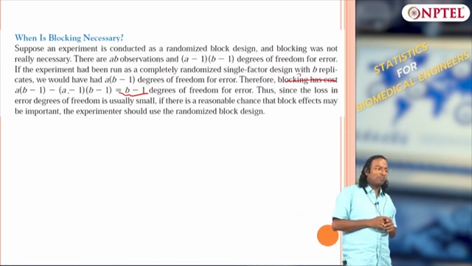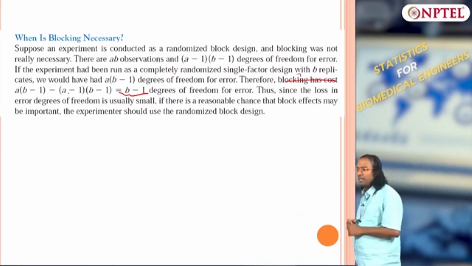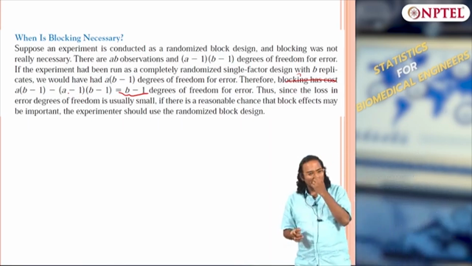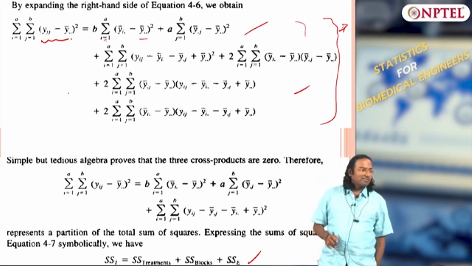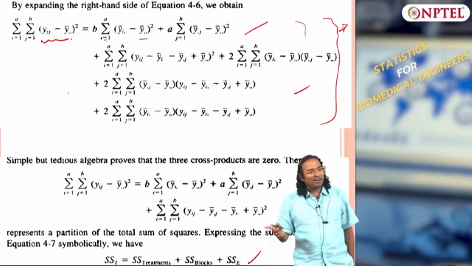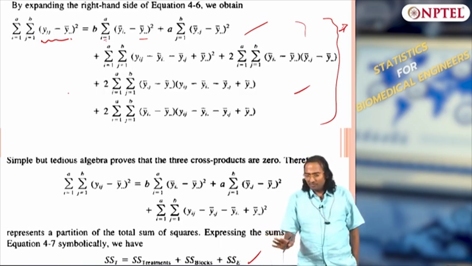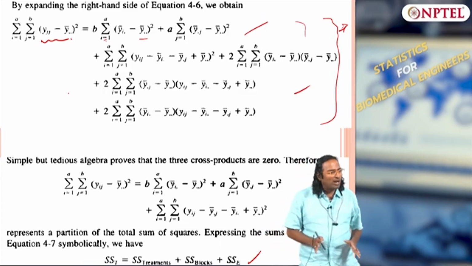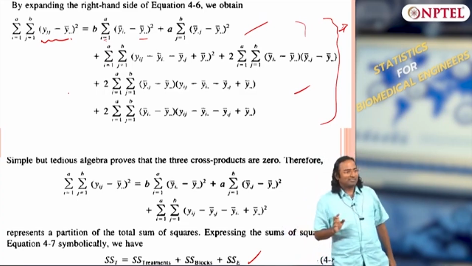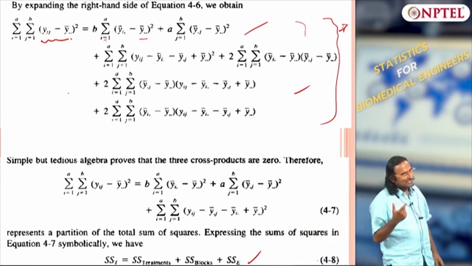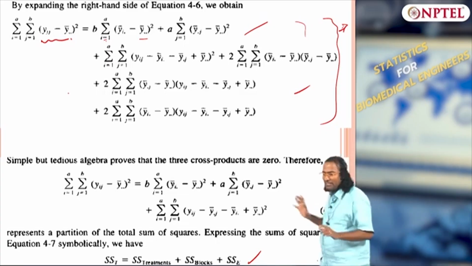So this is what blocking cost is, and the advantage of blocking, as I said, is that mean squared error goes down. So what is the benefit of blocking, quantitatively? SSE for ANOVA minus SSE for RCBD, that difference is what you get as an advantage. Your SSE for ANOVA is the overall, and for RCBD it is different.